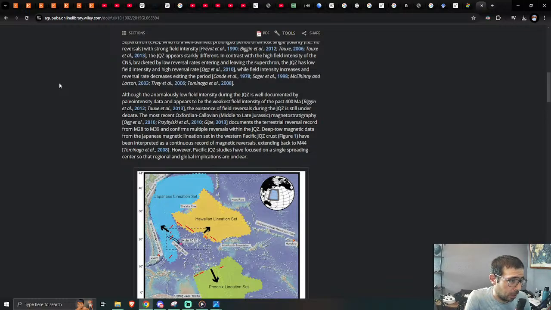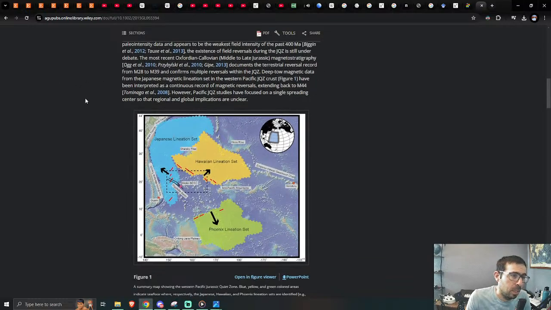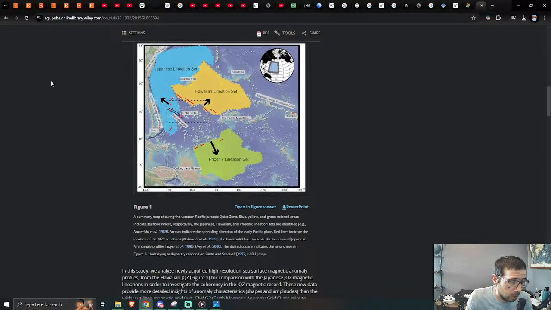Deep-tow magnetic data from Japanese magnetic lineation set in the Western Pacific Jurassic Quiet Zone crust have been interpreted as a continuous record of magnetic reversals extending back to M44. However, Pacific Jurassic Quiet Zone studies have focused on a single spreading center so that regional and global implications are unclear.